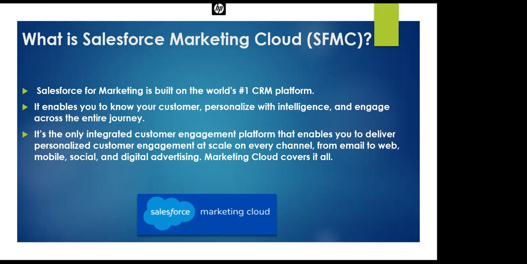It is the only integrated customer engagement platform that enables you to deliver personalized customer engagement on every channel. So we can create personalized content, and we can target customers across every channel. Every channel means email, web, mobile, social, digital, advertising. Marketing Cloud covers it all.